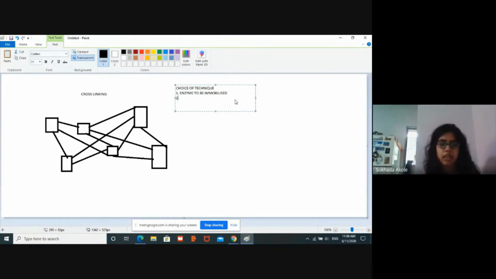Second thing is stabilization. Stabilization of the enzyme, of soluble enzyme.